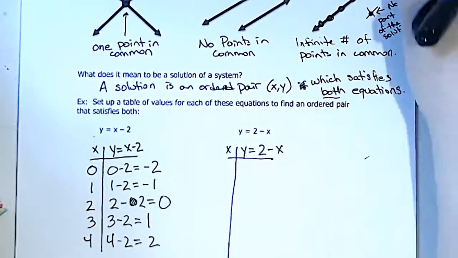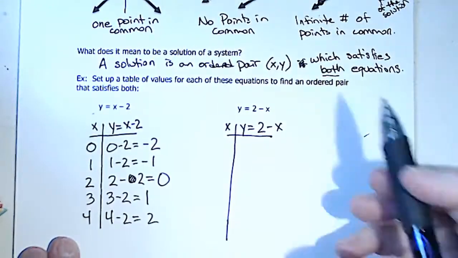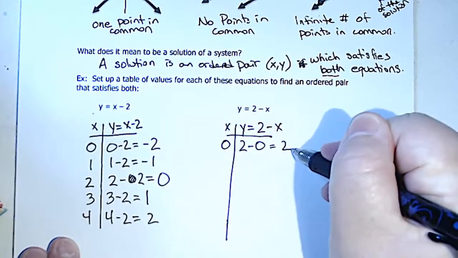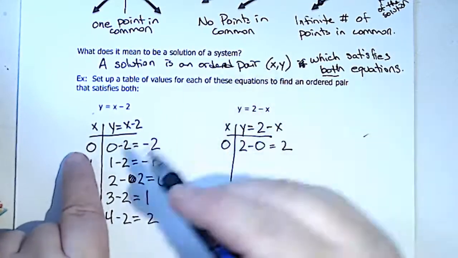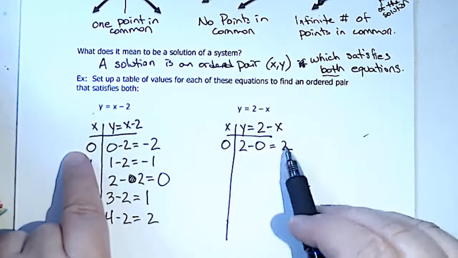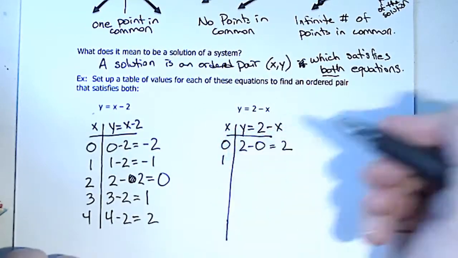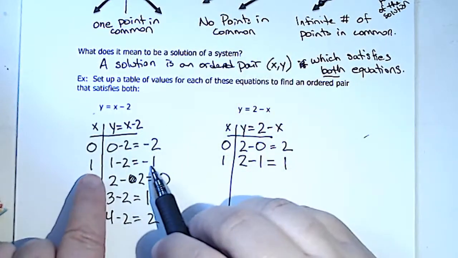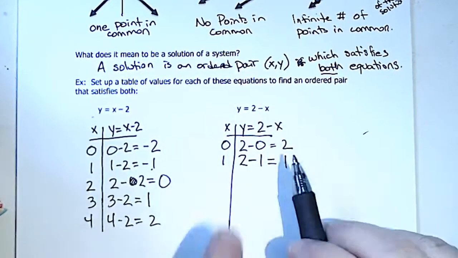Now let's come over here and look at all the points over here. I'm going to, again, start at 0. 2 minus 0 is 2. Now this one has 0, negative 2. This has 0, 2. That's not the same point. Drat. Okay, 1. 2 minus 1 is 1. So this one has 1, negative 1. This has 1, 1. Not the same point.